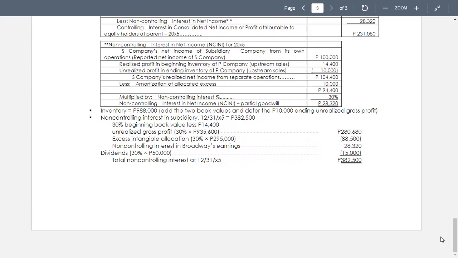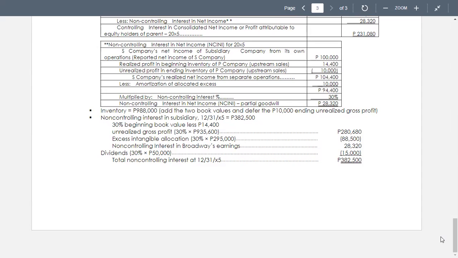Okay, so that's the answer to number 1, letter C. Number 2, what's the amount of sales? If we are going to add sales, 1,400,000, but we have to subtract the intercompany transfer.